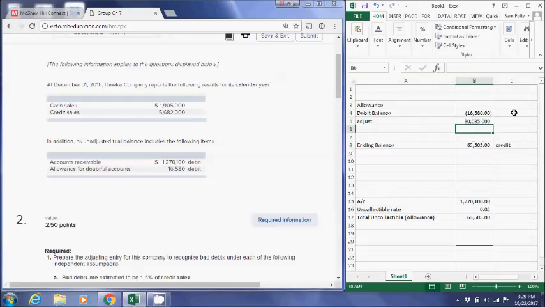If I were to add these two numbers together, I'll just show it down here, an error check, that if I say plus 16,580 plus 80,085, I get 63,505, and it's because I'm adding a negative to a positive. Probably the more difficult problem we have here.